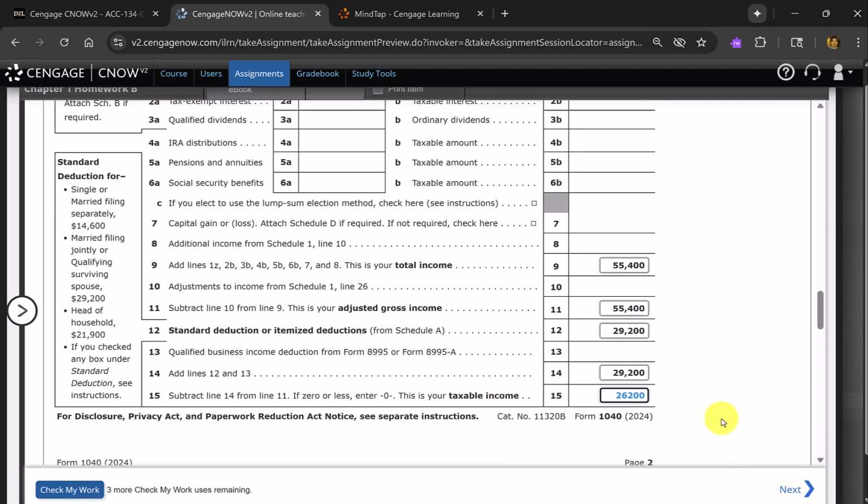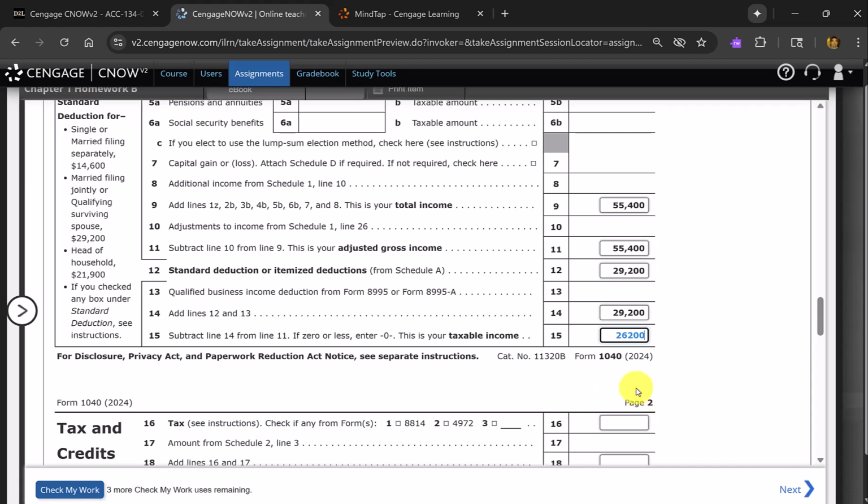Now to the next page of the 1040 form, page 2, is to figure out the tax liability for the whole year based upon the taxable income here at the bottom of the first page. And we learned in chapter 1, we would use something called the tax tables that's listed in the instructions to the 1040 form.